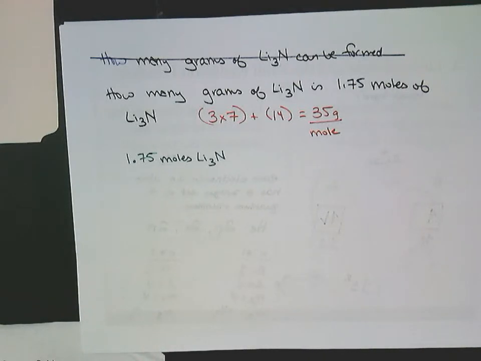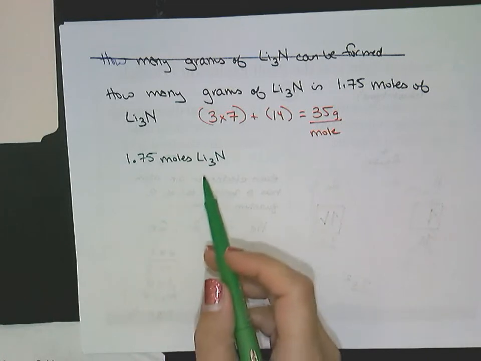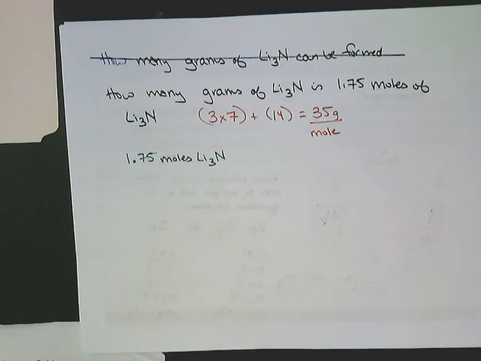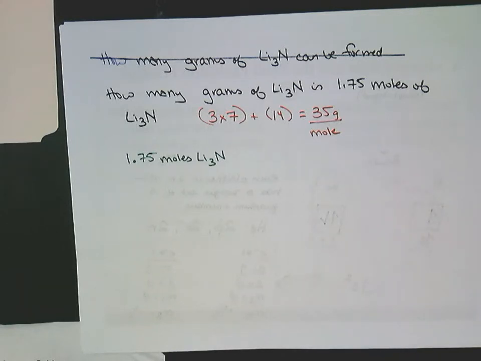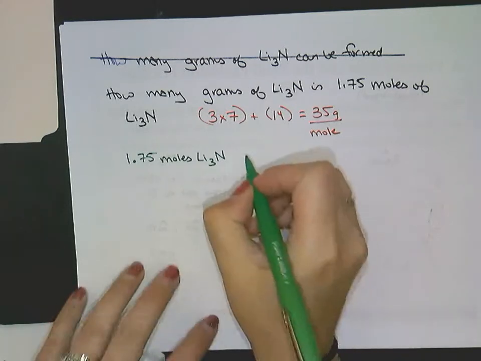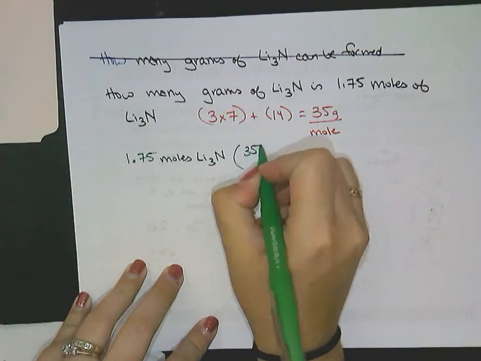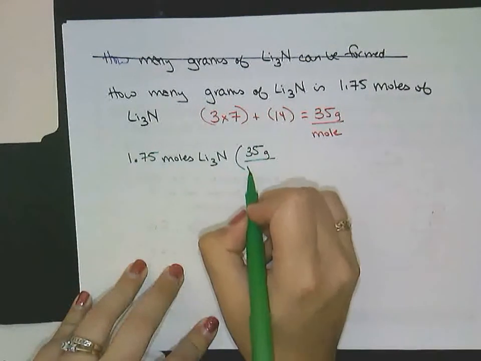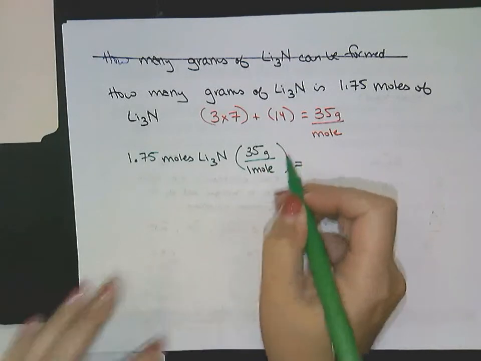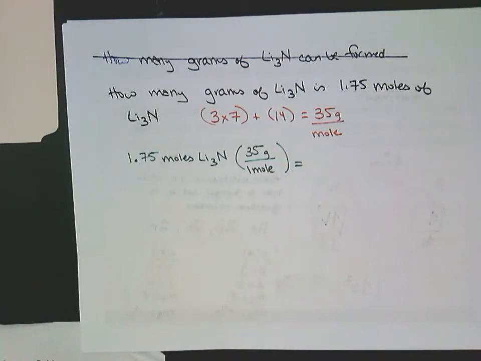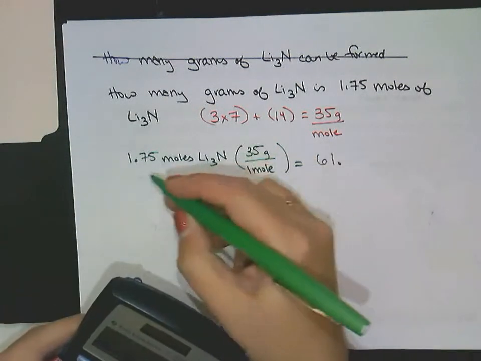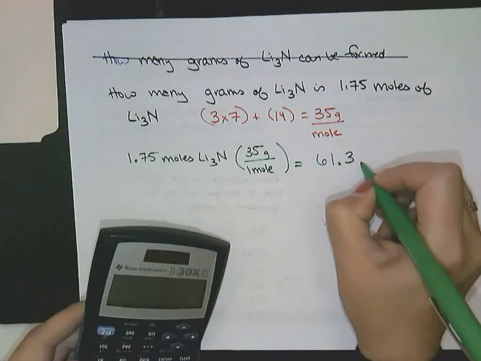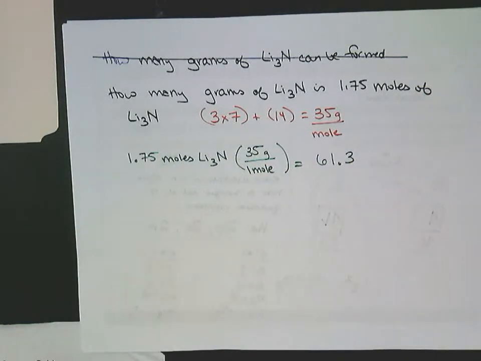All right, so now I have 1.75 moles of this, and I have its molar mass. So do I use its molar mass as is, or do I need to flip it upside down? As is. Let's see what that turns out to be. And then what would my units be? Grams.